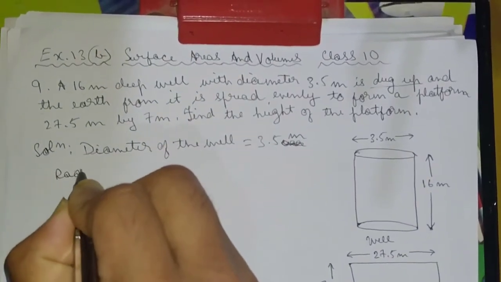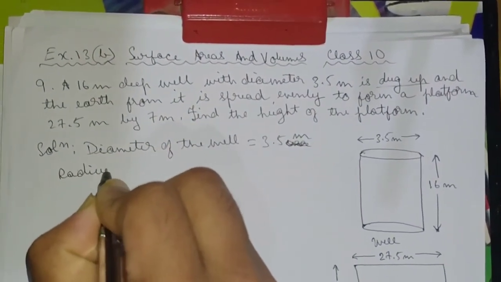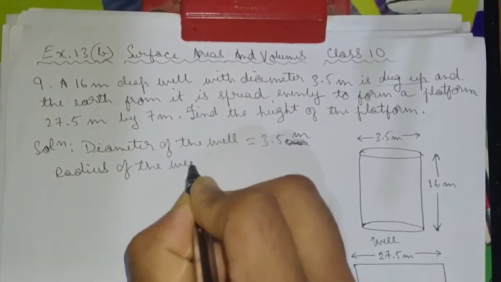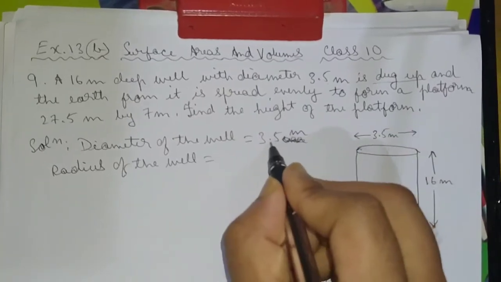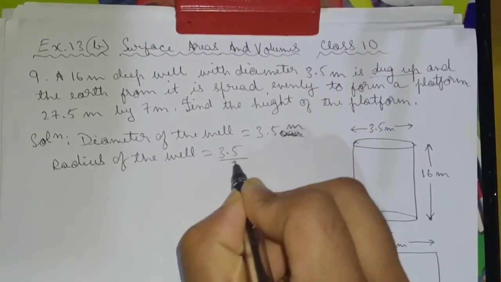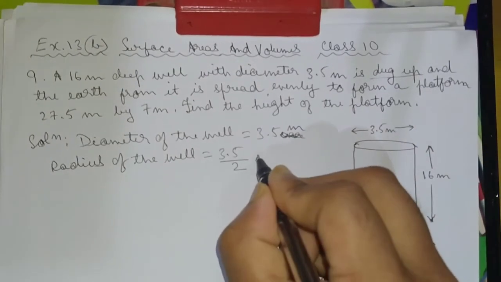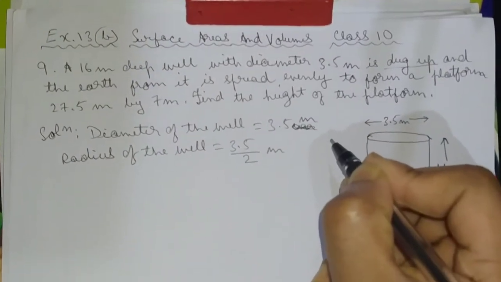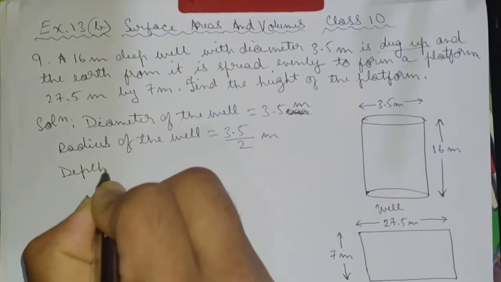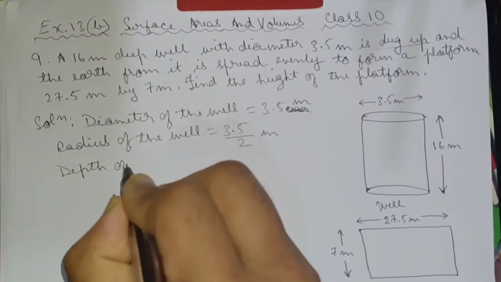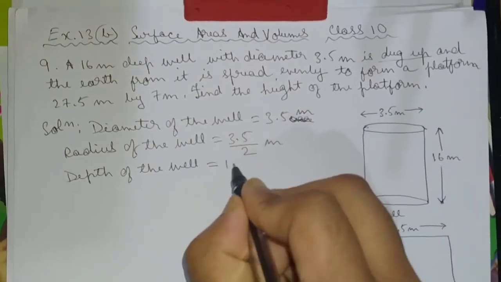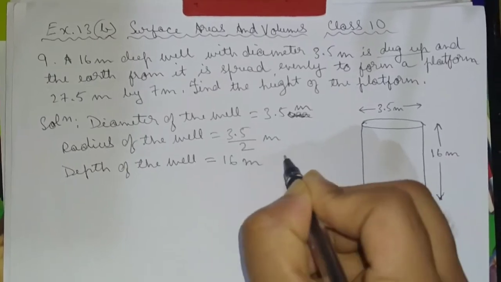Radius of the well is the half of the diameter, so 3.5 divided by 2 meter. Depth of the well is 16 meter.